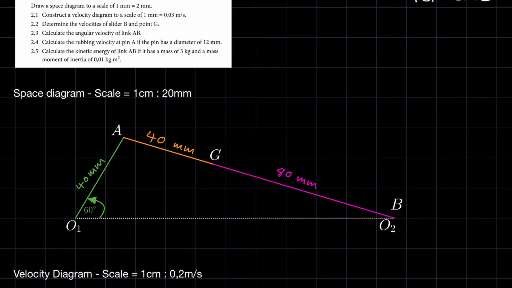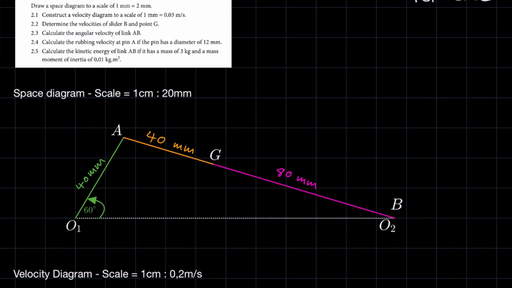As you've seen, in the first three lessons, we haven't really done a problem. I've just taken you through how we go about drawing the space diagram, and now how we go about drawing the velocity diagram.